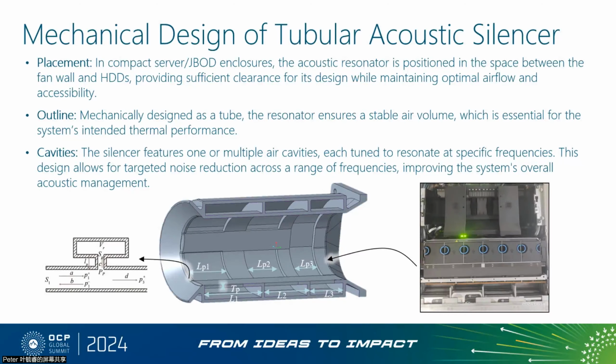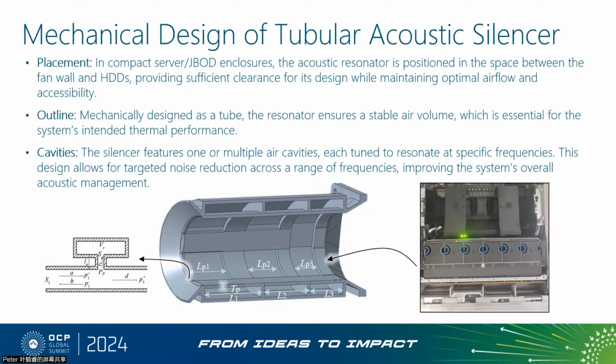Once installed within the server, the tubular acoustical silencer takes on a form reminiscent of an I/O bracket, which is a significant improvement over the appearance of traditional silencers. This design choice not only enhances the visual appeal but also ensures that the silencer blends seamlessly into the server architecture.